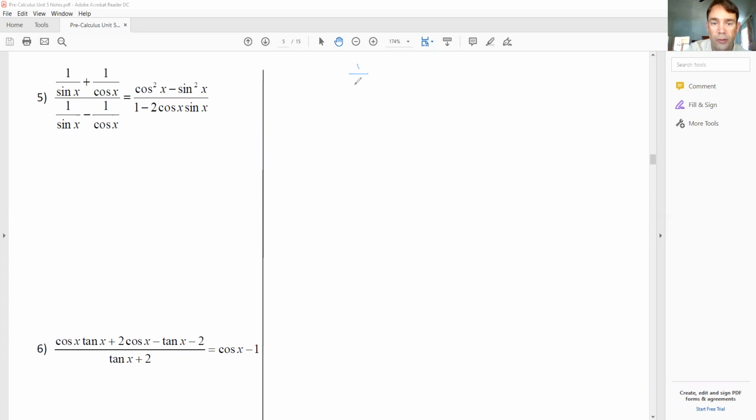So 1 over sine x plus 1 over cosine x, all over 1 over sine x minus 1 over cosine x.